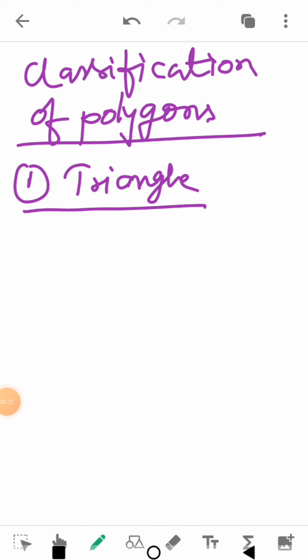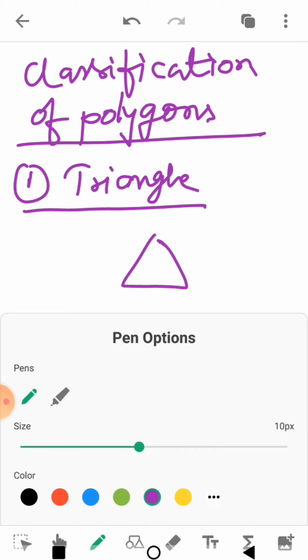What is a triangle? A closed curve surrounded by 3 line segments is known as a triangle.